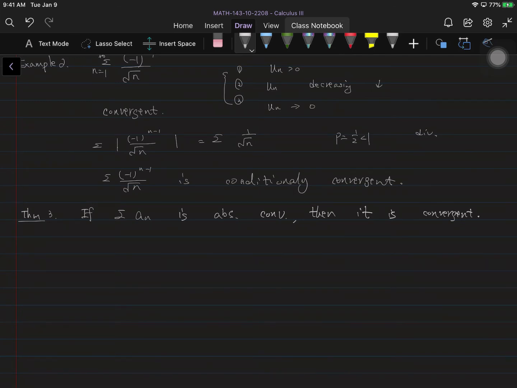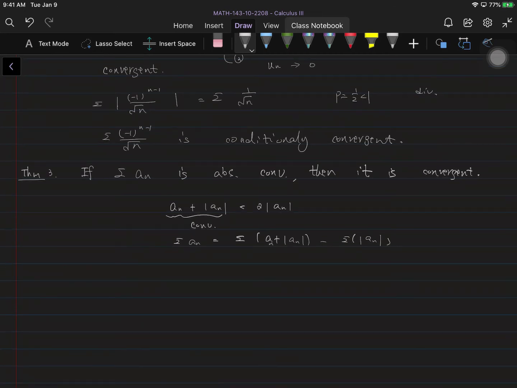It's something like a_n plus the absolute value of a_n is less than 2 times the absolute value of a_n, because this is absolutely convergent and less than a convergent series, so this series converges. Then a_n equals this minus the absolute value, so this difference of two convergent series is also convergent. That's the proof. You don't have to know this, we can skip this part.